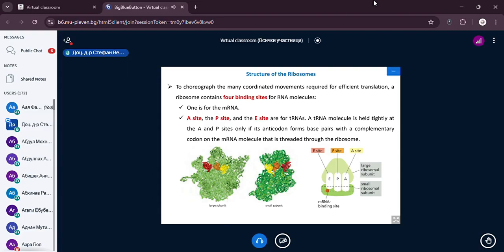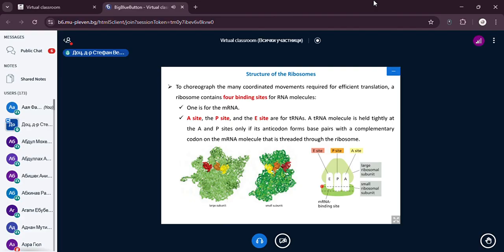One is for binding of messenger RNA, and this binding site is present on the small ribosomal subunit. This dark green portion is the small ribosomal subunit, and this is the messenger RNA binding site.